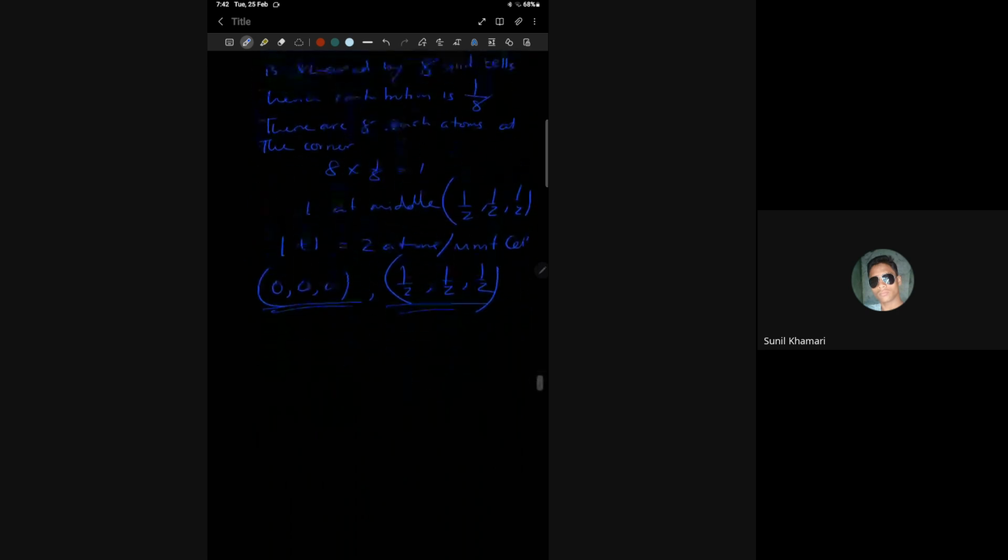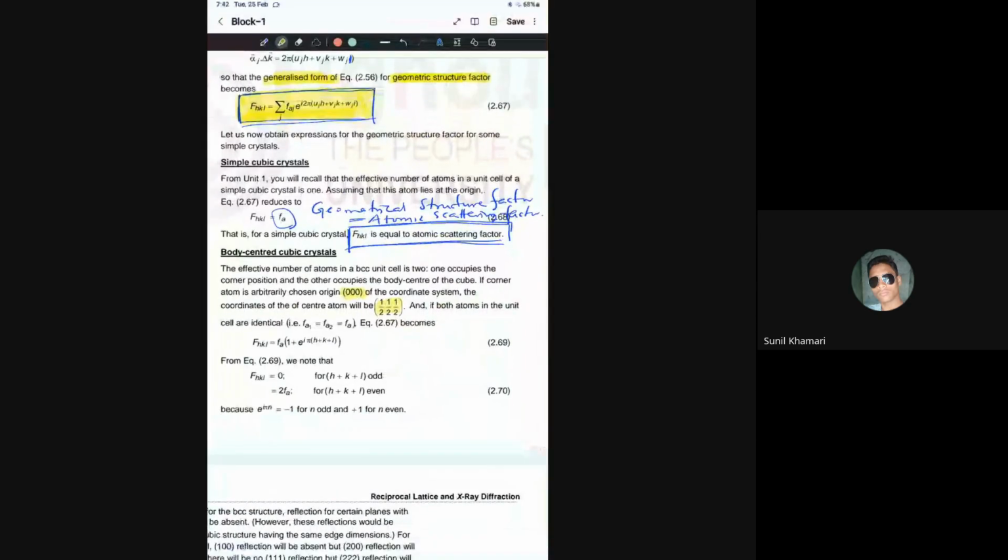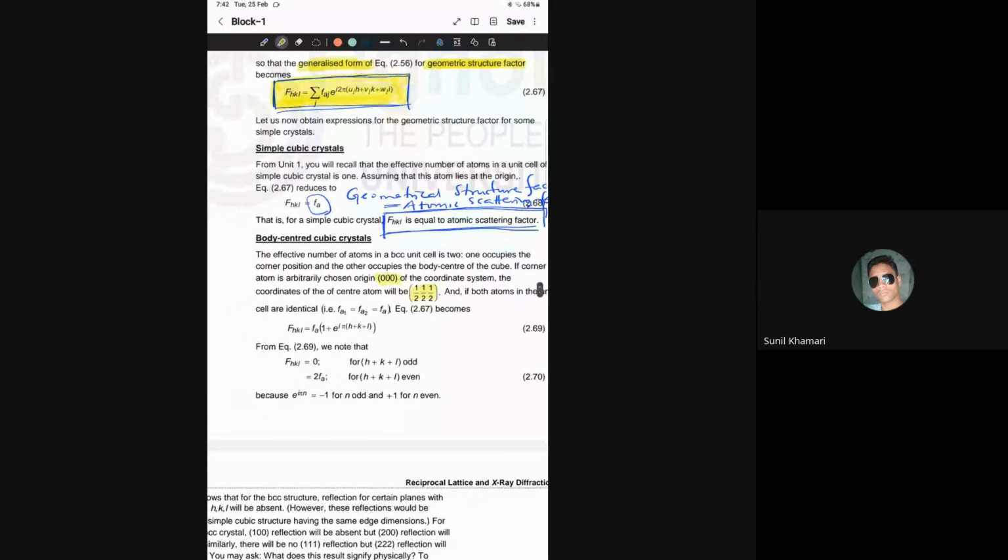If we take this concept and substitute, uj is equal to half, vj is equal to half, and wj is equal to half, and the other is uj, vj, wj equal to 0.